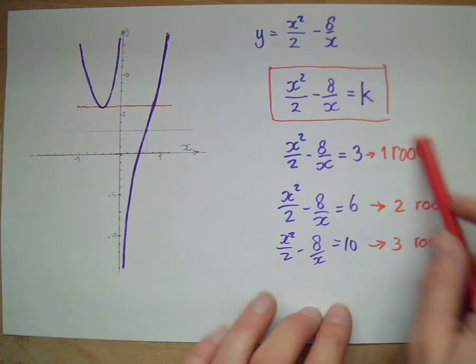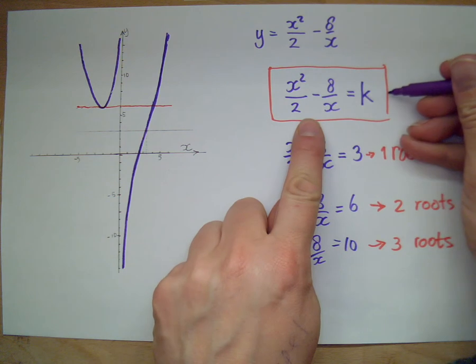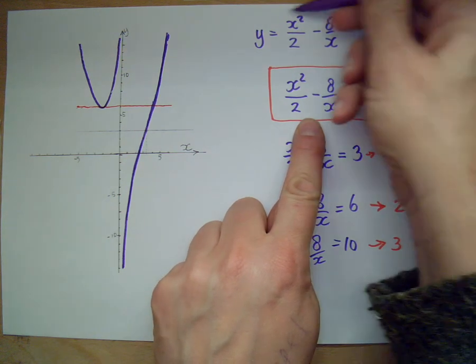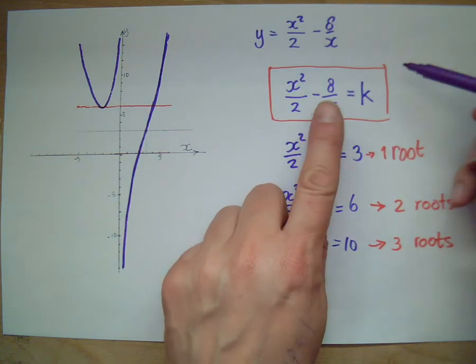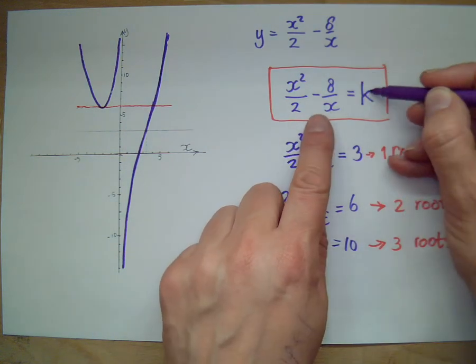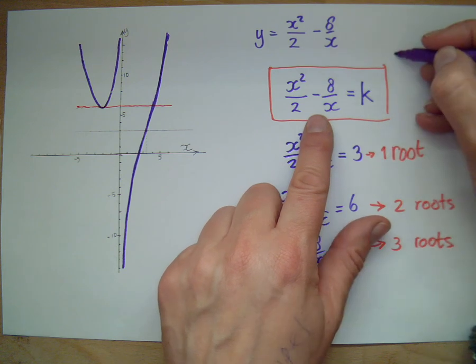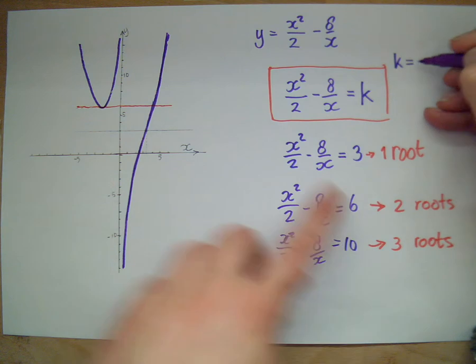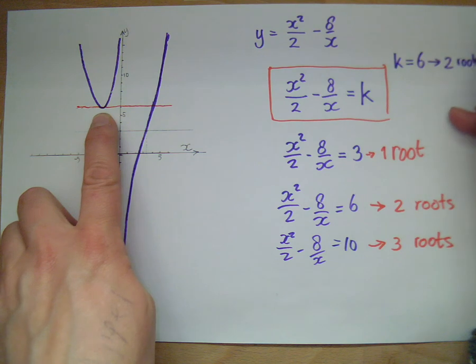To summarize this information, if this is going to be our new equation, this is the equation of the line that we drew to begin with. If we set it equal to a constant, we can summarize it. If k is equal to 6, there are 2 roots.